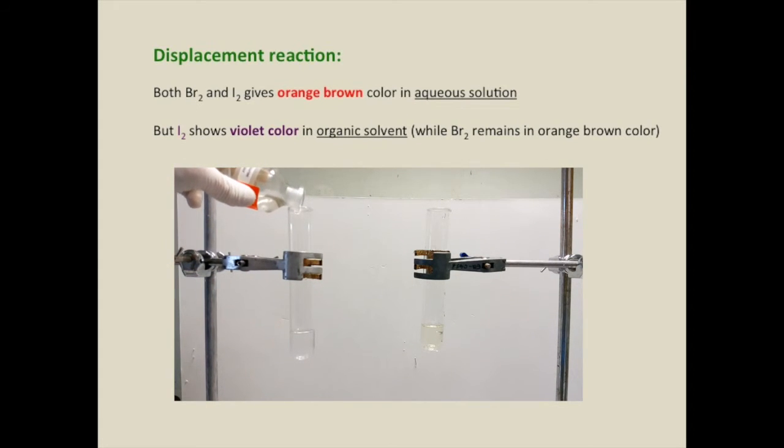And see if there is any color change. Now, it looks like there is a significant color change, right? For the left-hand side, for the potassium bromide, the solution changed to yellow color. For this one, it turned to orange-brown color. But this is not significant evidence for proving which one is potassium bromide and which one is potassium iodide, because the darker color can be due to the higher concentration.